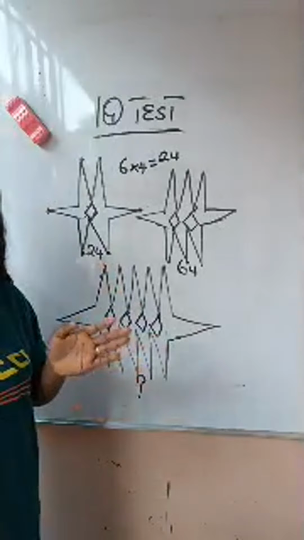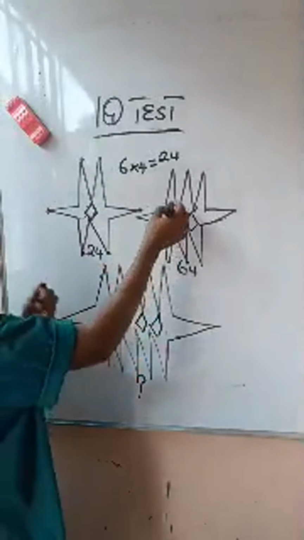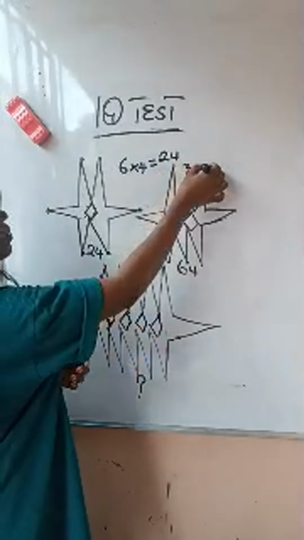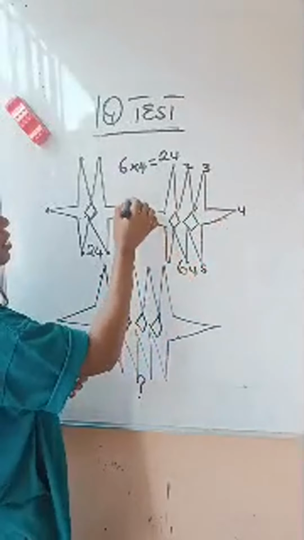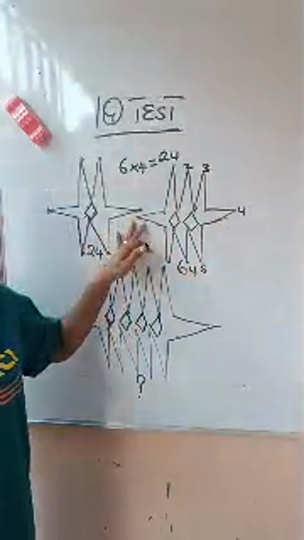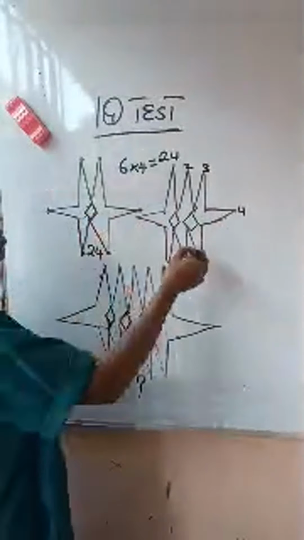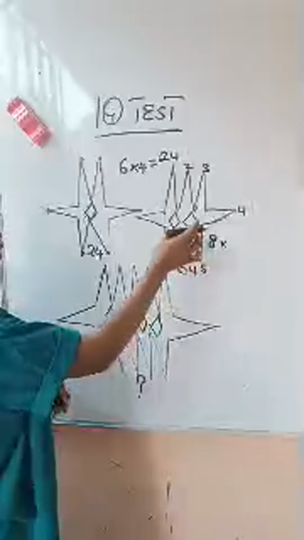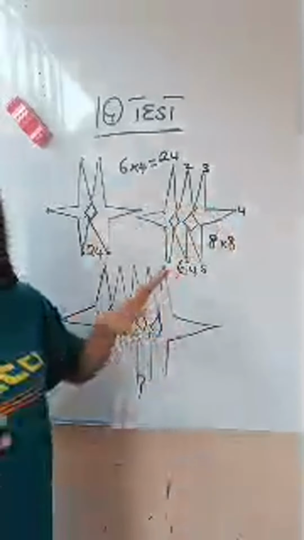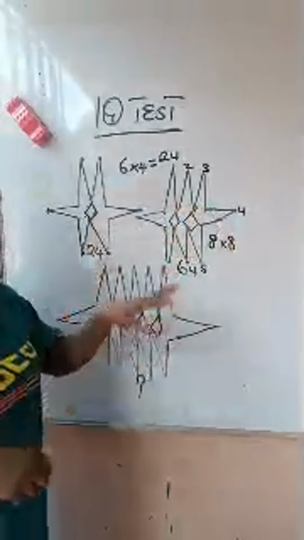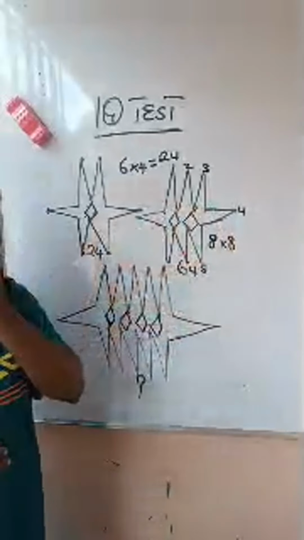Then another one has 1, 2, 3, 4, 5, 6, 7, 8. This one has 8 tips, right? 8 multiplied by 4 sides each, so we have 8 times 8, and we got 64.